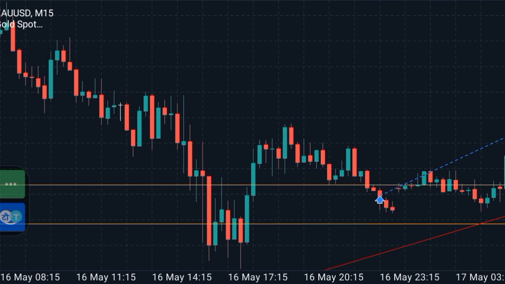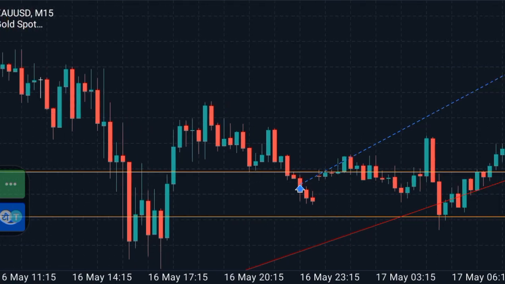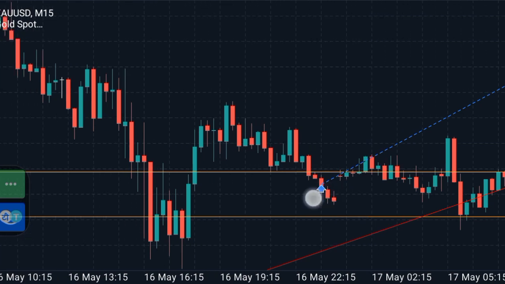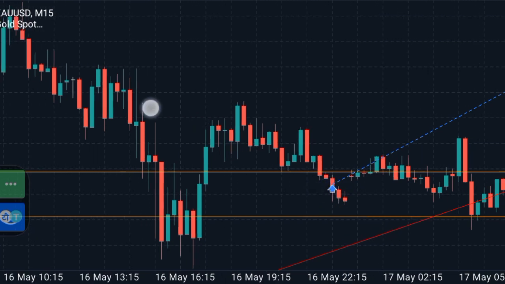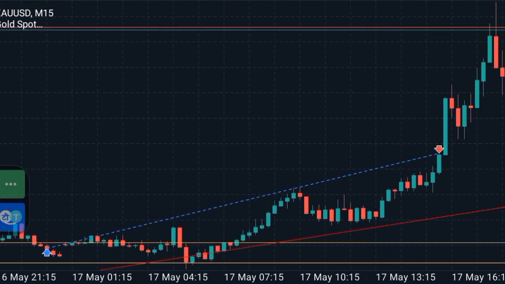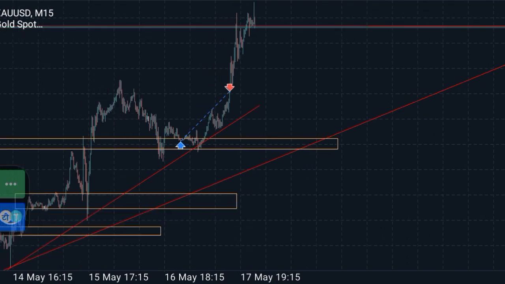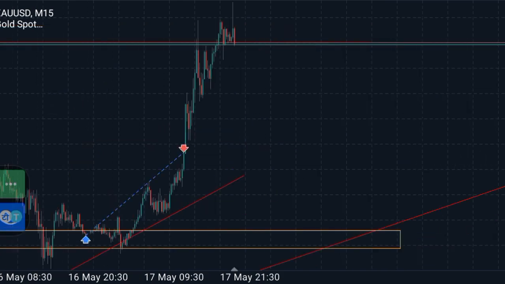So I knew that it was going to come back and retest this level. So that's why I placed my buy limit here. So it tagged me in, and as you can see, this is where I closed, which tallies with what I showed you on Telegram. So that is the trade I took on gold, right?